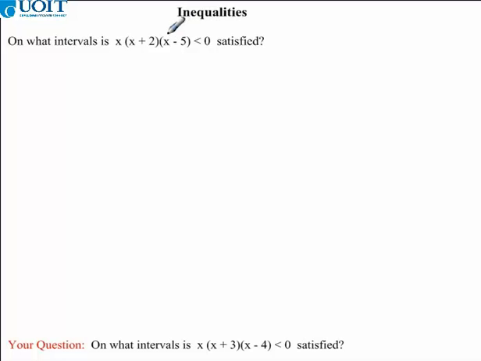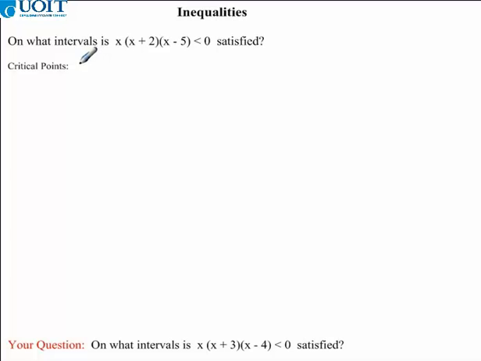So our critical values will be when x equals 0, because this first term will equal 0; when x is equal to negative 2, because this will make our second term equal to 0; and also when x is equal to 5, since our third term will equal 0 when x is equal to 5.